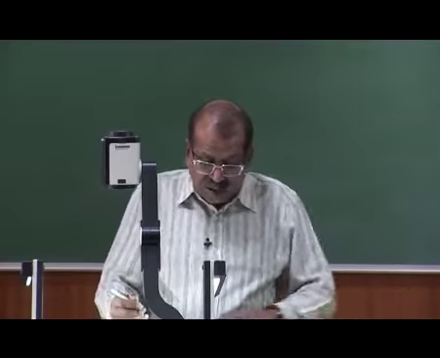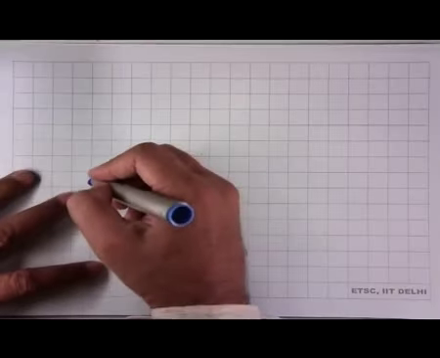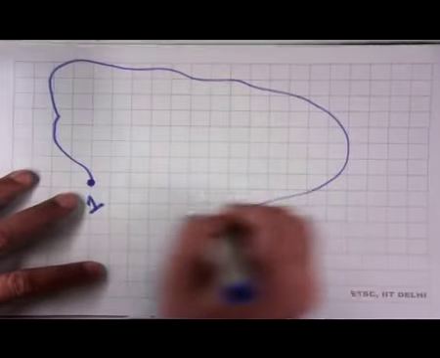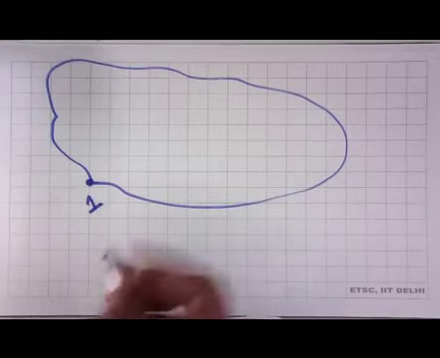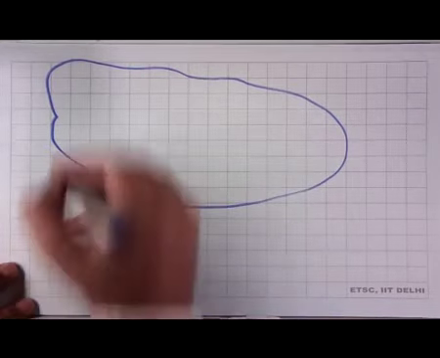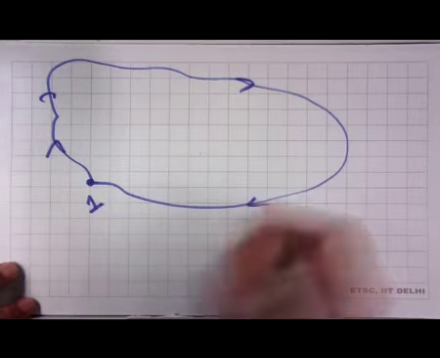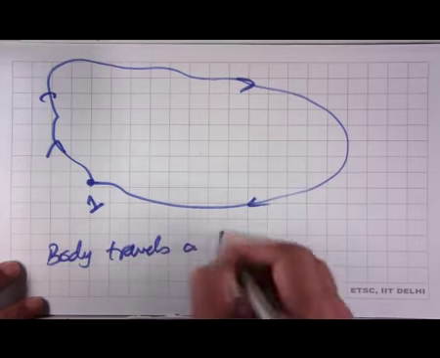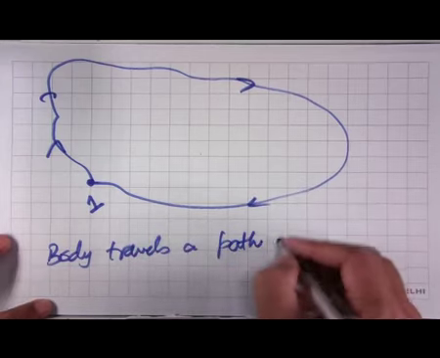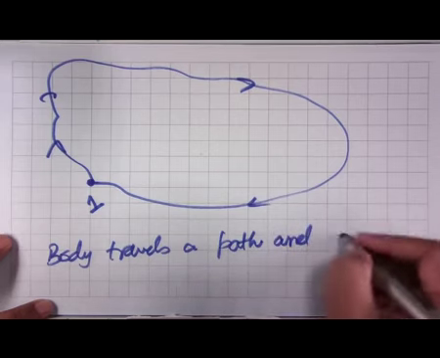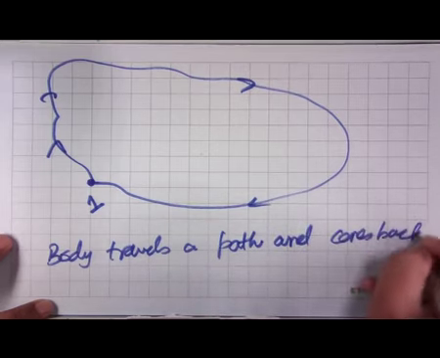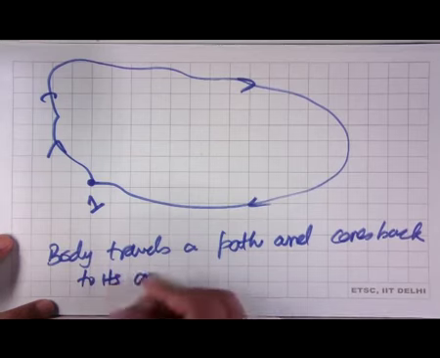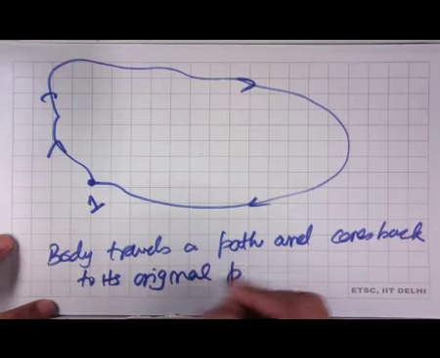The third thing, which is a corollary of the first one, is this: suppose we have a body that travels along some path and comes back to its original position.